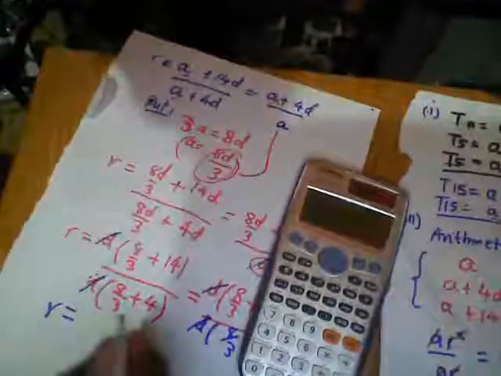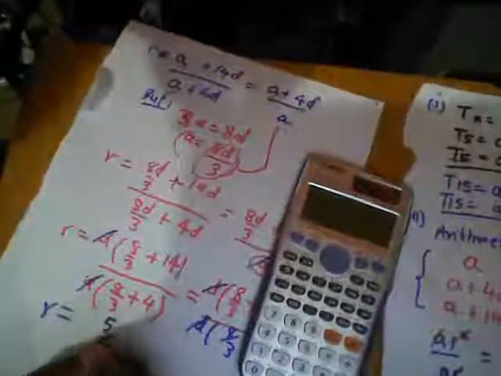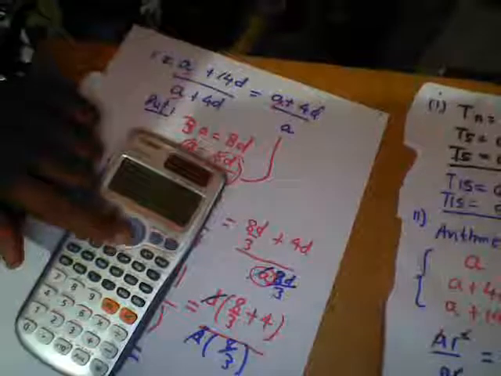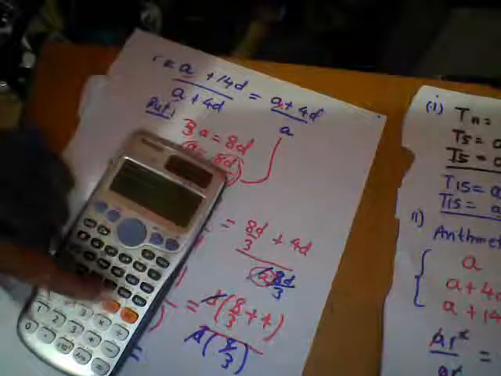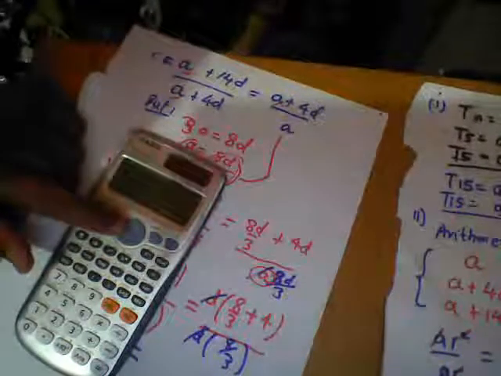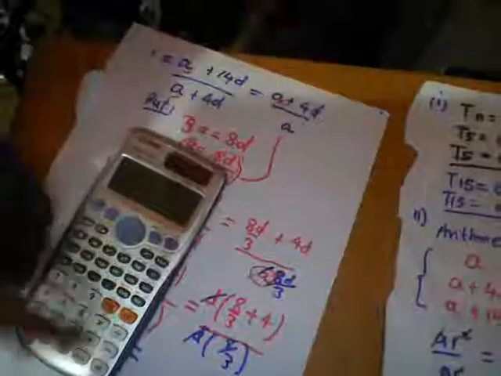The common ratio equals 5/2, and the second one should give the same answer also. This is the second one, you see. It gives 5/2. So our common ratio is 2.5, and we're done already.